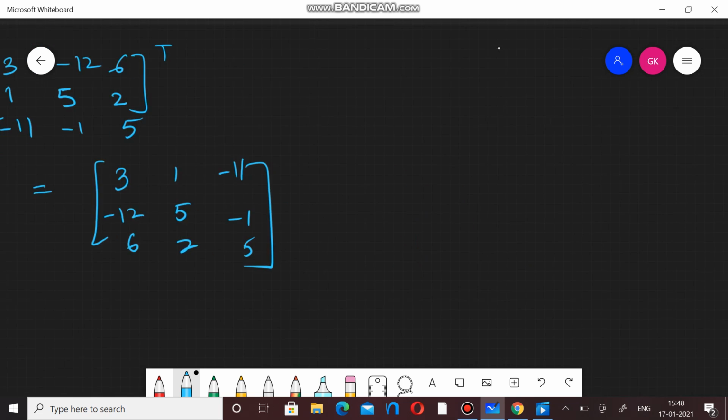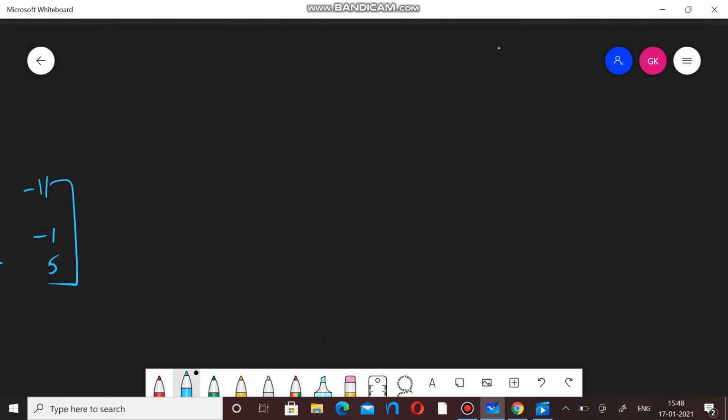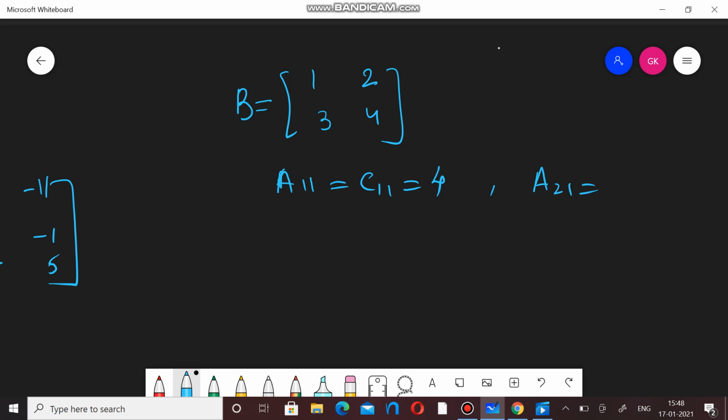I will also tell you how to calculate for 2 by 2. Take any other example. Say B is a matrix 1, 2, 3, 4. Calculate quickly A11, or you can also call it C11, another way of writing it. Hide the first row and first column. What are you going to get? You are going to get 4.